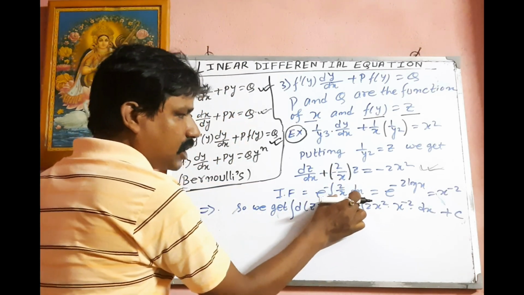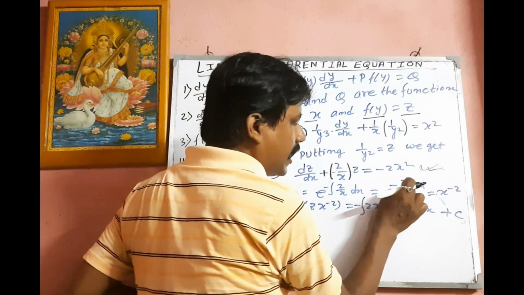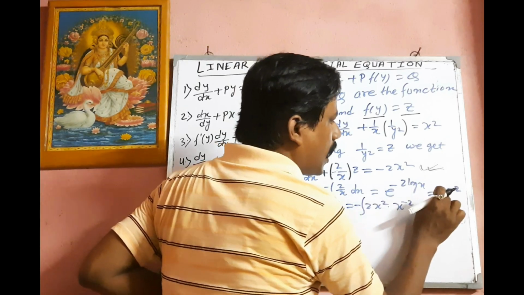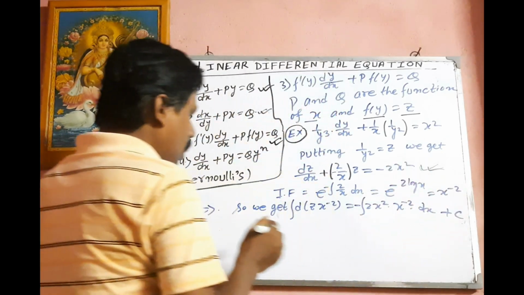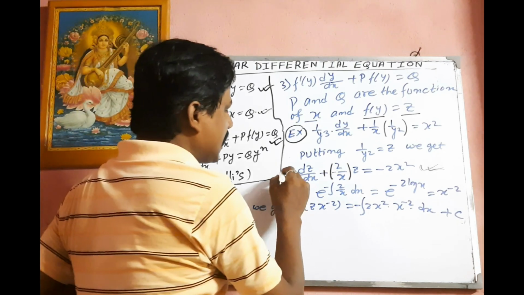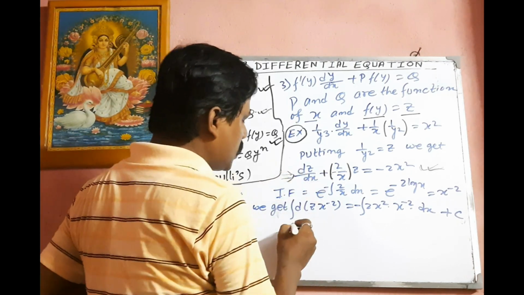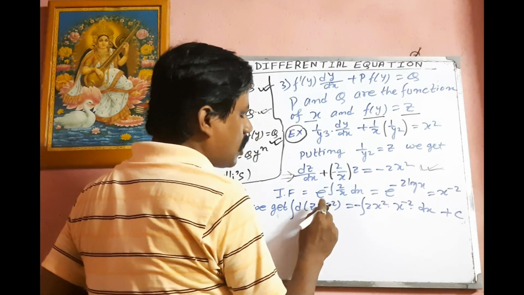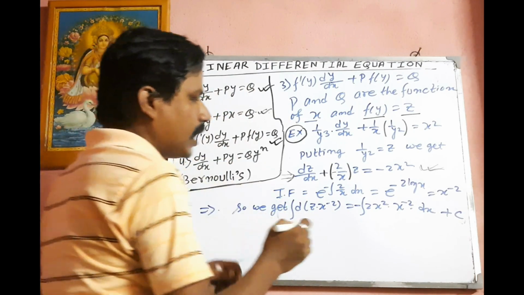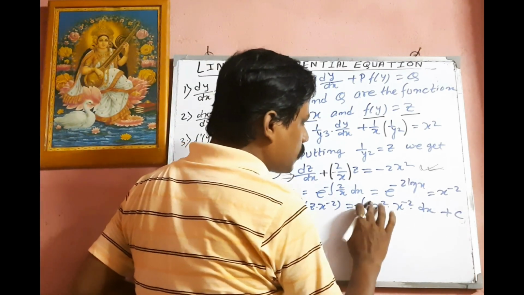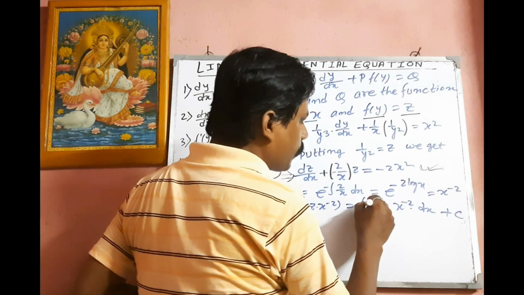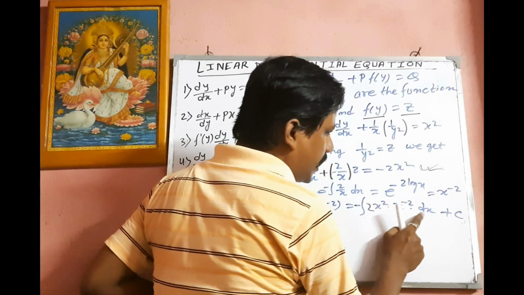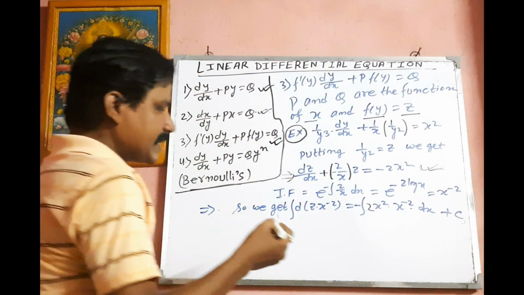Now integrating this part, we get e to the power minus 2 times log x. So this will be x to the power minus 2. So the solution of this equation will be z times x to the power minus 2 equal to integration of minus 2x square multiplied with x to the power minus 2 dx, plus c, where c is the integrating constant.